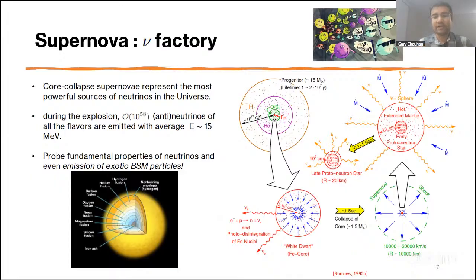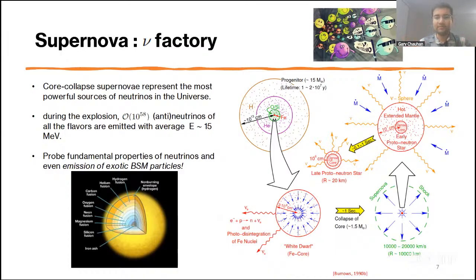So you cannot fuse iron further and get energy out to support this fusion process. What supports this iron core is actually the electron degeneracy pressure, which is what forms the white dwarf. But there is a critical stage when you reach the Chandrasekhar mass limit, and then this iron core cannot support its own gravity through just the electron degeneracy pressure.